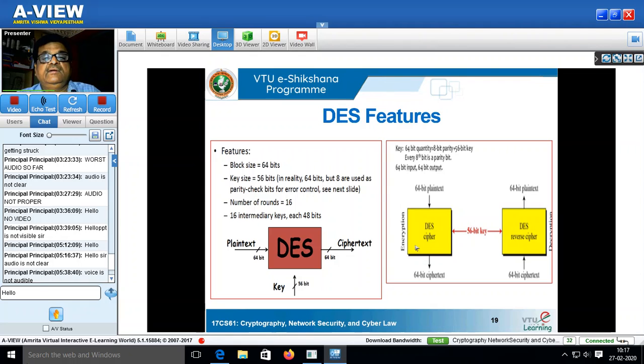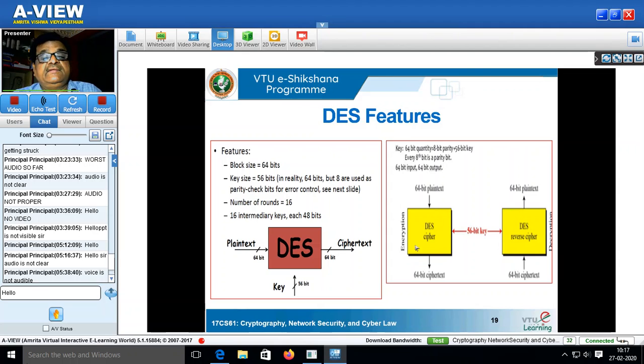For encryption, two important inputs are required. One is the message, P1 plus P2 plus P3 and so on, a combination of many 64-bit blocks. And then we require the key. Both are supplied as input to the encryption algorithm.